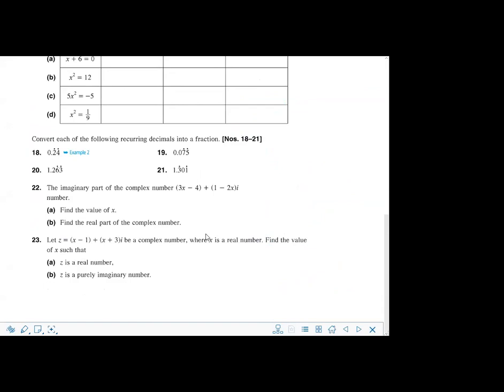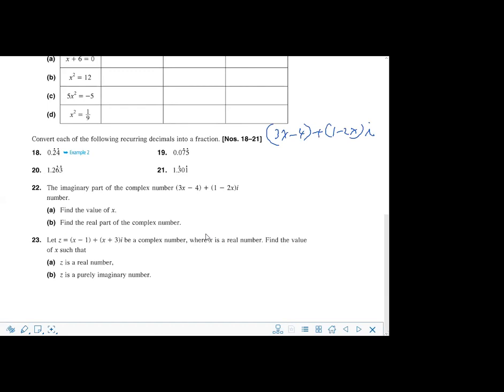Number 22. The imaginary part of the complex number. Okay. So this is a complex number: 3x minus 4 plus (1 minus 2x)i. Can you see that we have two parts? We have two parts here.